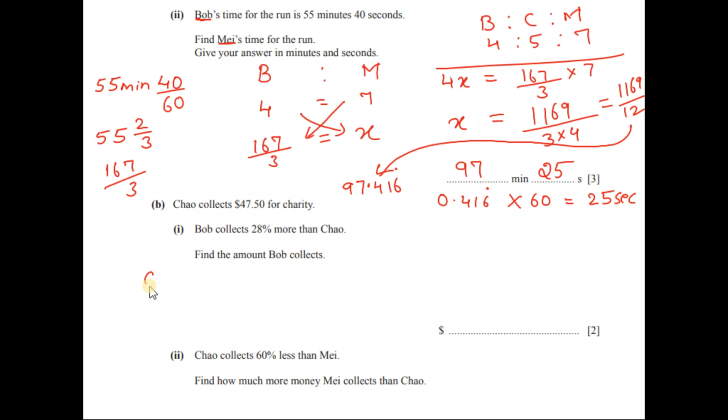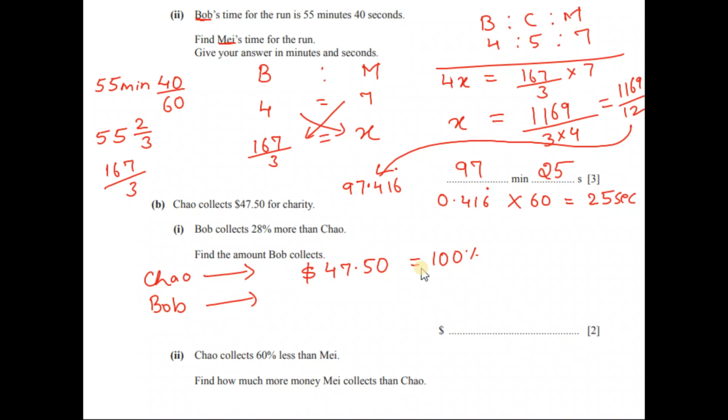And how do we do this? A simple method. We'll start with Chow. He has got $47.50, and I will be considering this as 100% because with respect to Chow's, I have to figure out what Bob had collected.